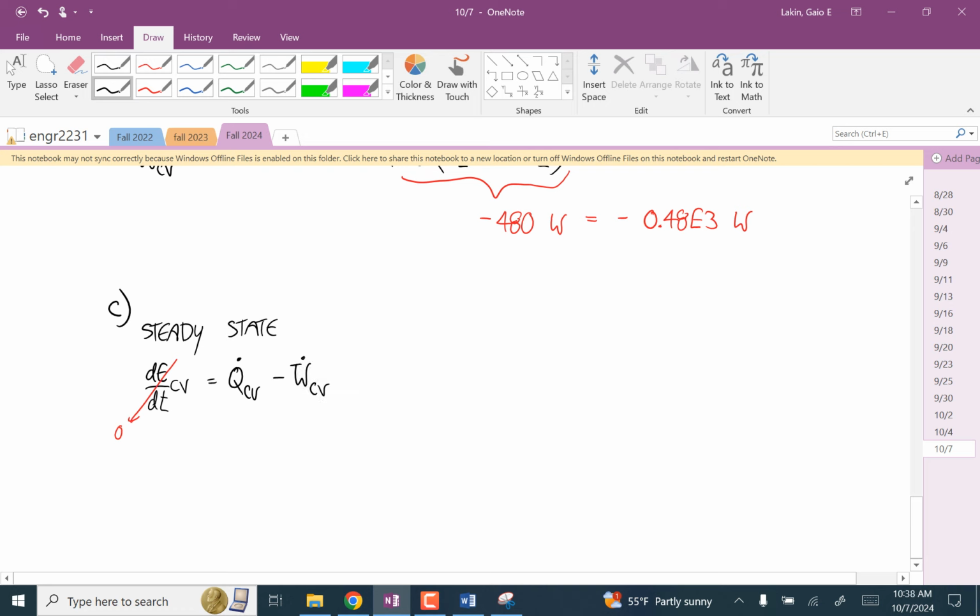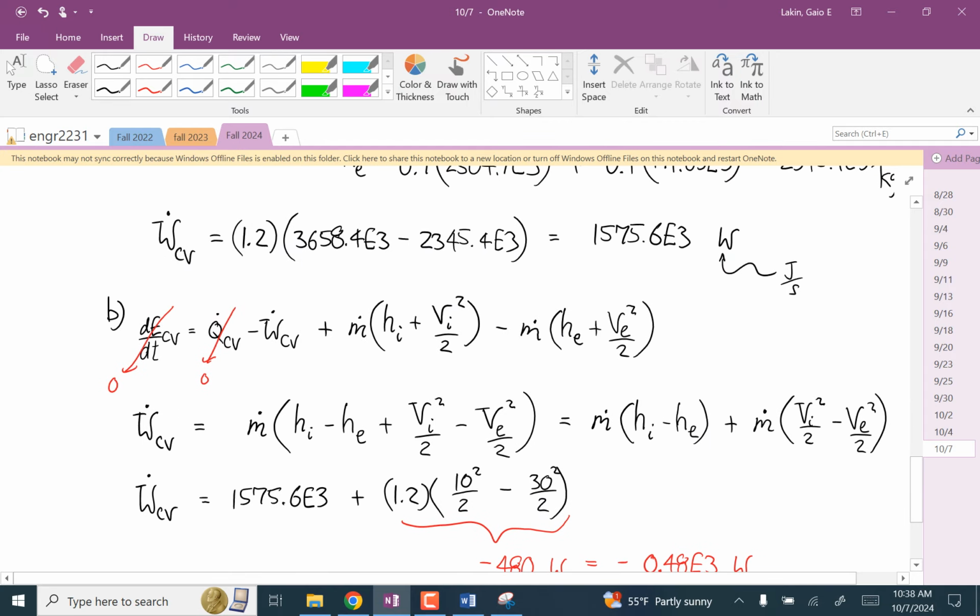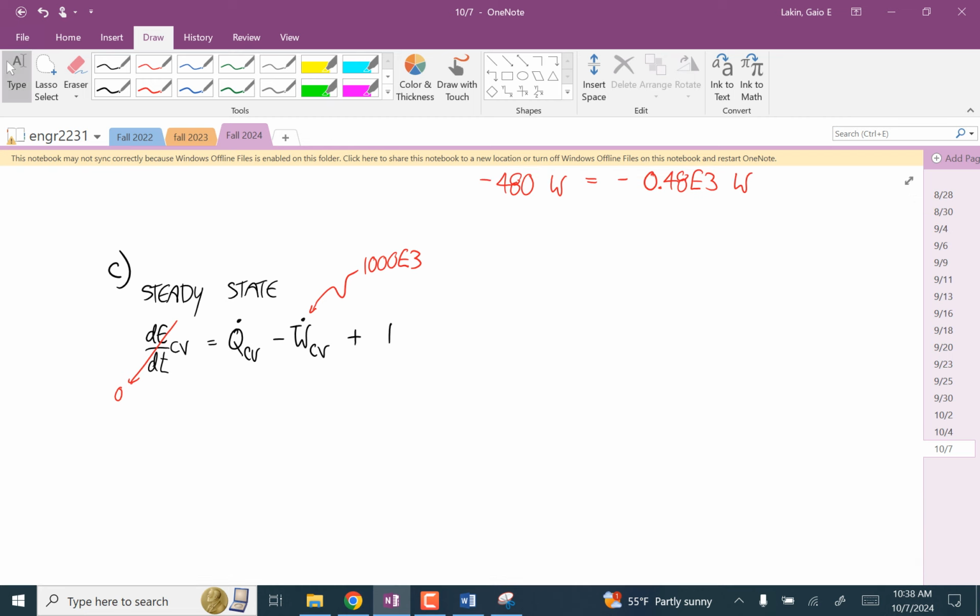Minus W dot, and we're assuming that this is 1,000 times 10 to the third. And then plus, I'm going to just go back to 1575.6 times 10 to the third.